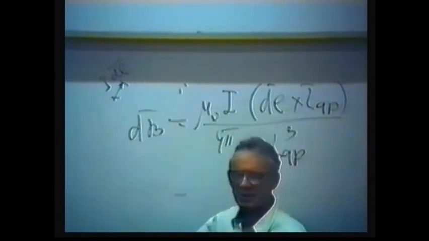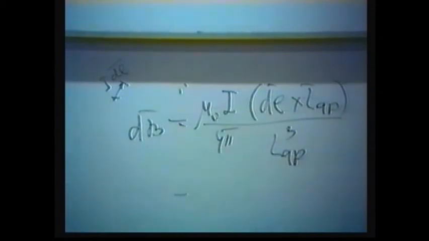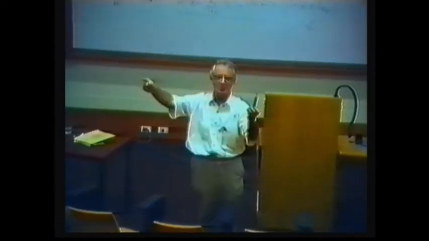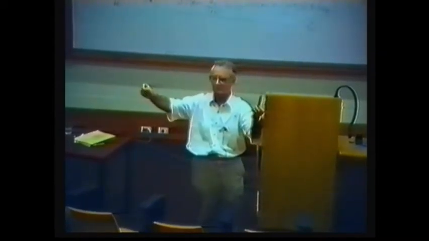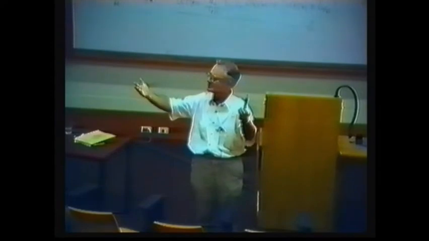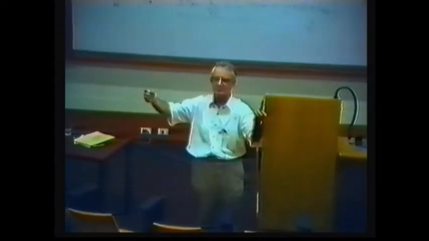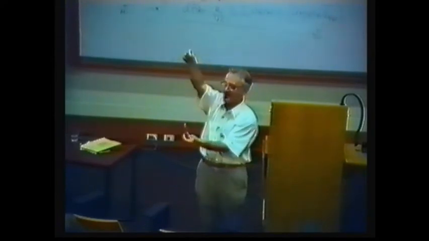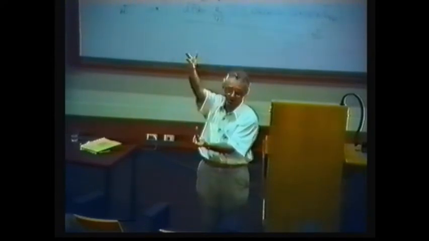So what is written here? If I have an element with current, at each point there is magnetic field. How is it directed? It's written here. If that's a current element, at this point, what would be the direction of magnetic field? What would be magnetic field at this point? 0.